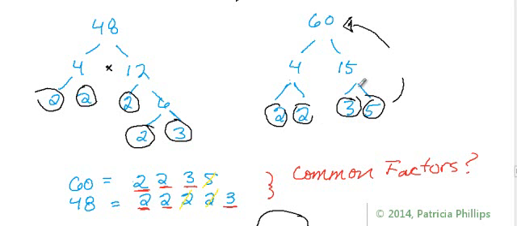So when you're doing this in your head, you can think to yourself, oh, okay, let's see, what's the biggest number that can go into both of these? And you can say, well, 12 times 5 is 60, and 12 times 4 is 48, and I don't think there's a bigger number than 12 that goes into both of these, so I'm just going to guess 12. But a lot of times when we're doing the guessing, we guess the wrong number.